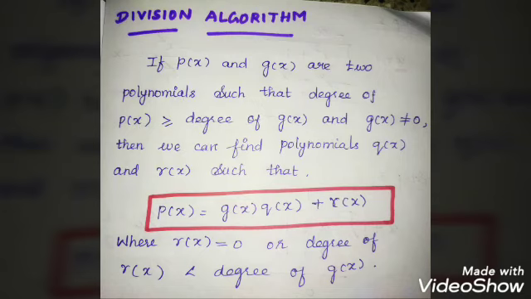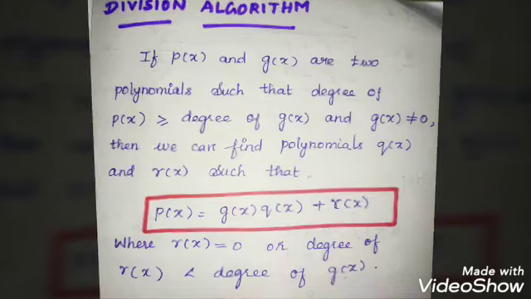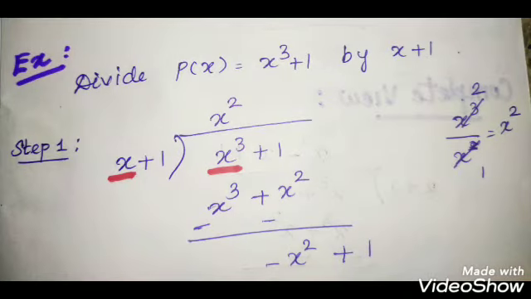Then we can find two polynomials Q of x and R of x such that P of x is equal to G of x into Q of x plus R of x, which means dividend equals divisor into quotient plus remainder, where the remainder equals 0 or the degree of R of x is less than the degree of G of x. This is the statement of the division algorithm.